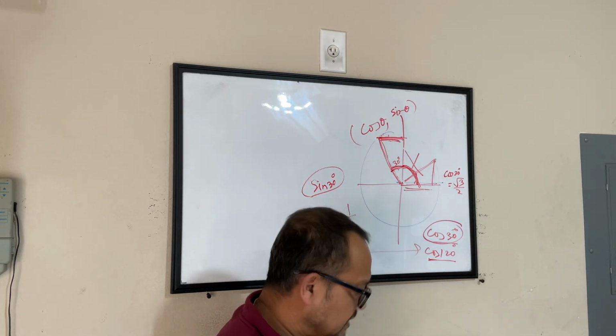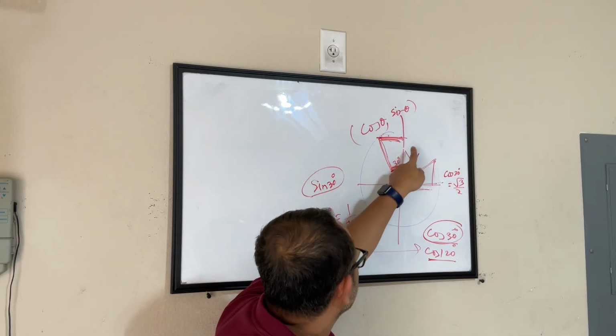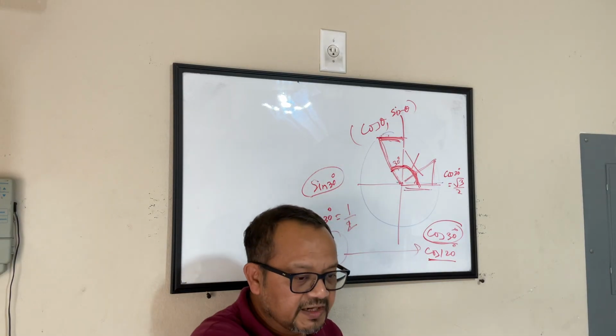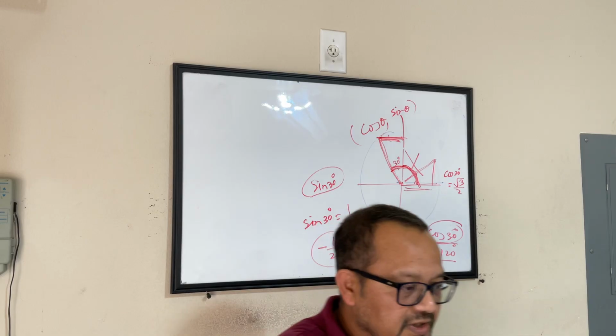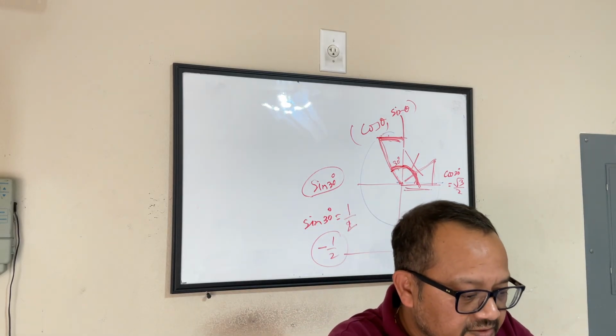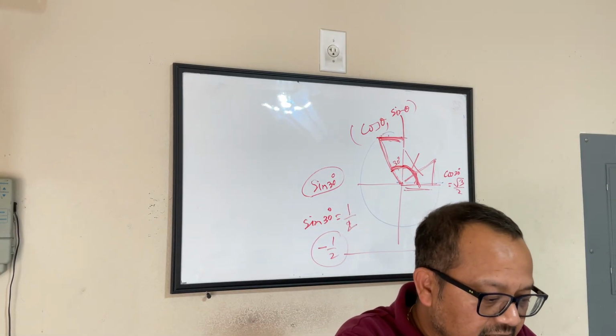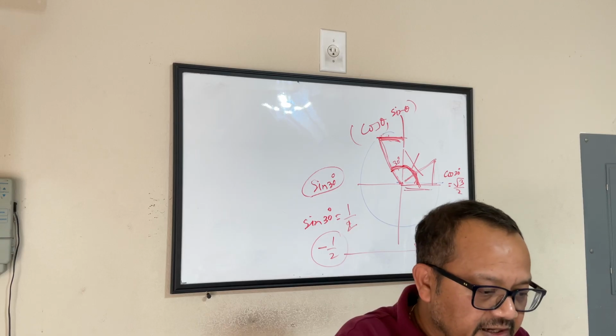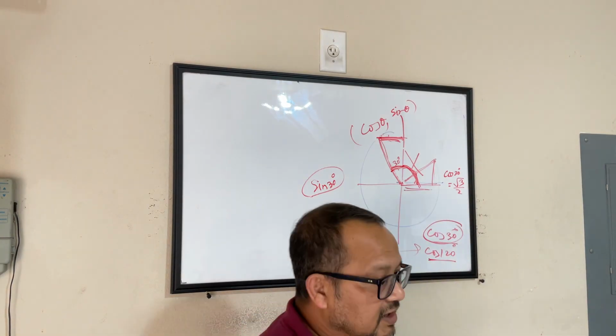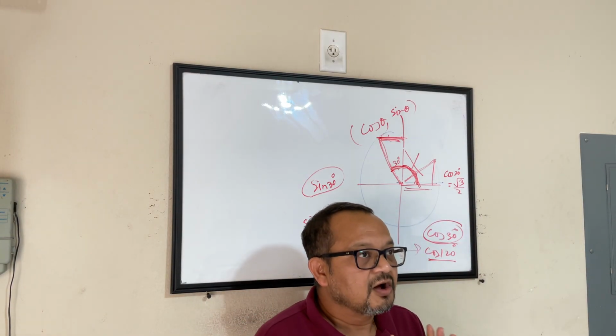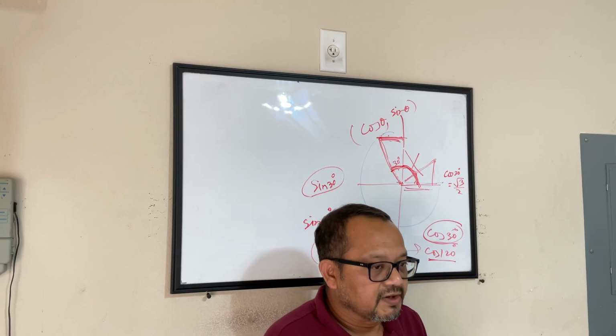Since this is along the negative x direction, I'll put a negative here. That gives me the value of cos 120 degree. I know it might sound a little cryptic, but go with your instinct on the visual part of it.